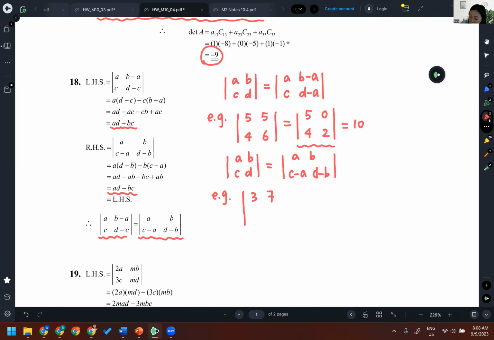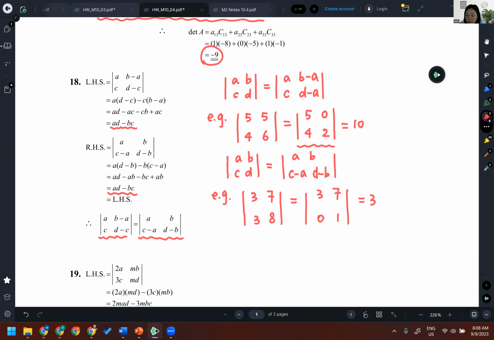This is 3, 8. I can reduce it by keeping the first row, and I reduce the second row, which is 0, 1. And this one is easier to compute.